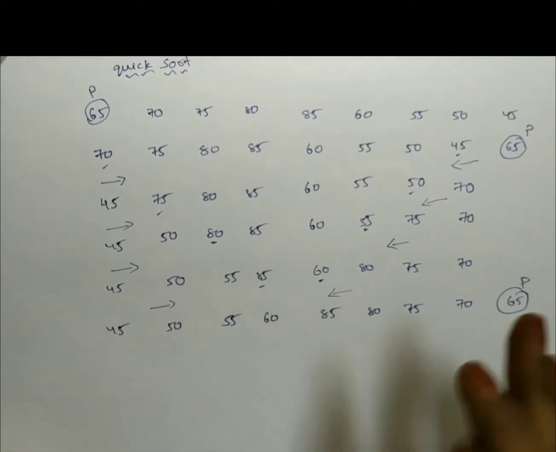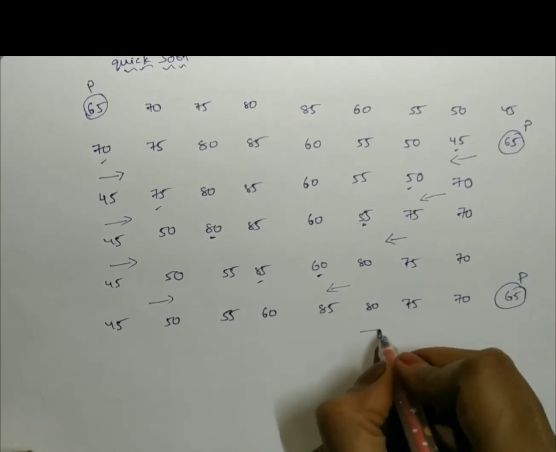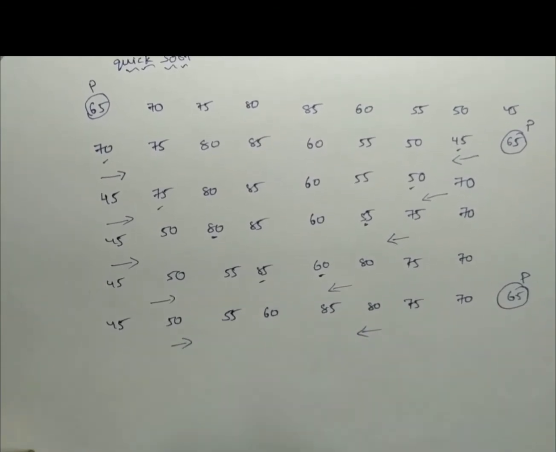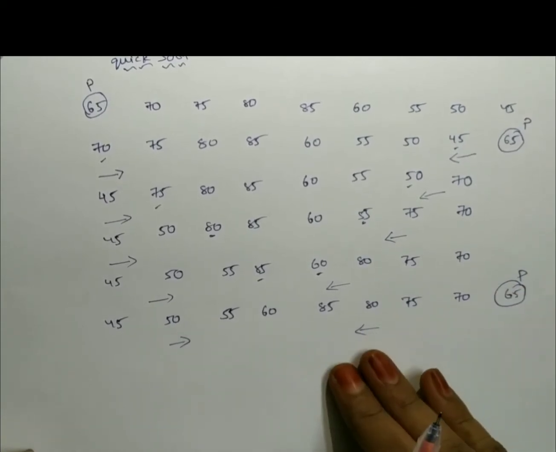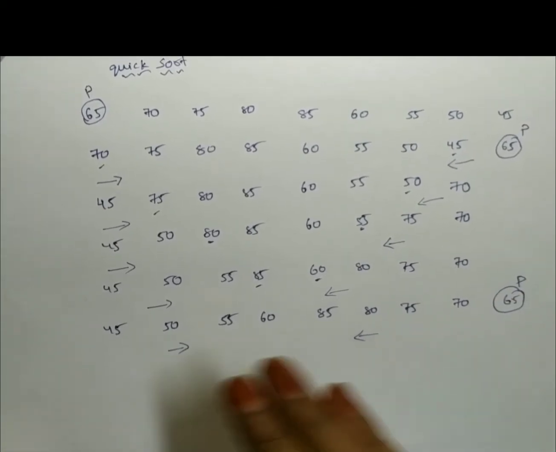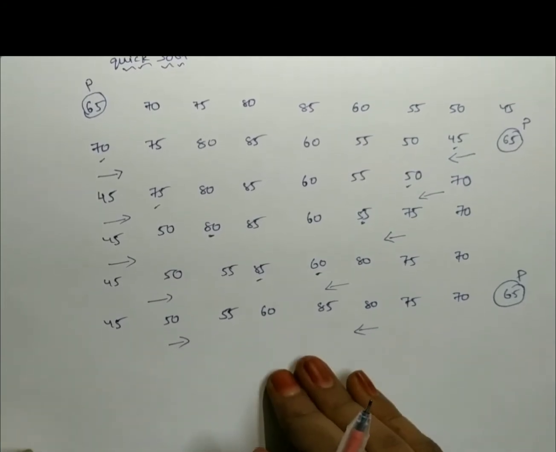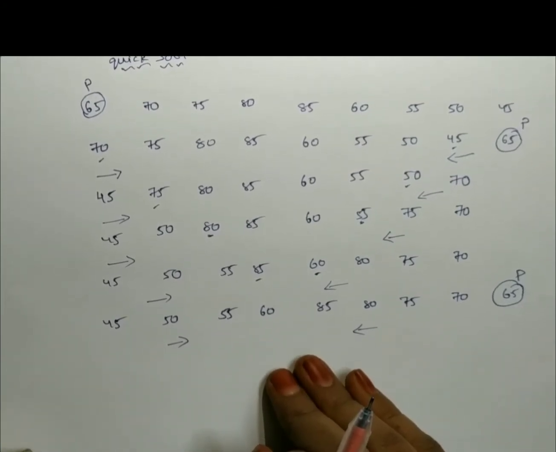Again you need to travel using these two arrow mark directions. While moving from right to left you need to consider the element smaller than the pivot element, and while moving from left to right you need to consider the element greater than the pivot element.